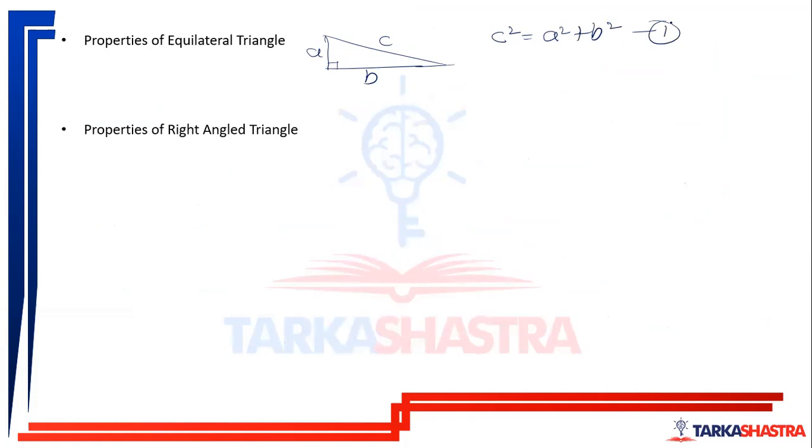So here always remember the altitude on the hypotenuse. What does altitude mean? A perpendicular drawn from any vertex to the opposite side. So this is nothing but the altitude on the hypotenuse. Altitude on the hypotenuse is always equal to the multiplication of the two sides divided by the hypotenuse.